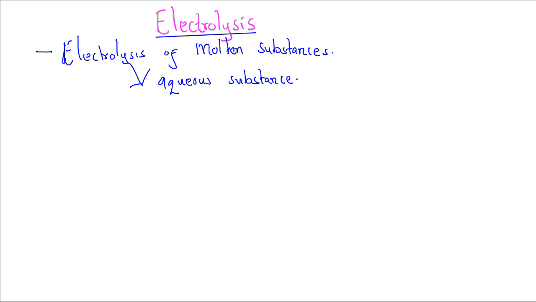When an electric current is passed through an electrolyte, a chemical change takes place, and this is called electrolysis. The apparatus used for electrolysis is called an electrolytic cell, or what we call electrolysis cell.